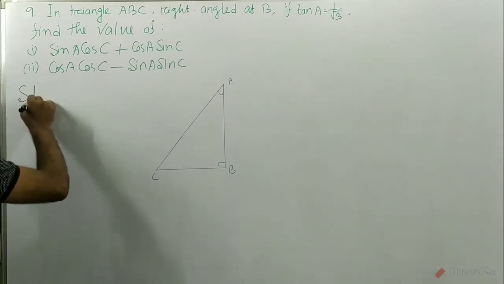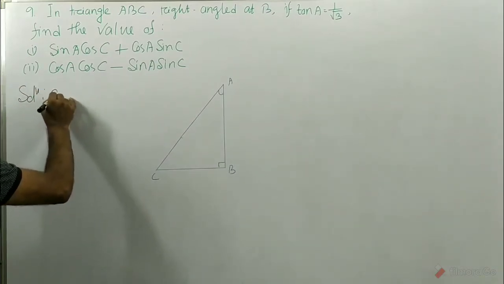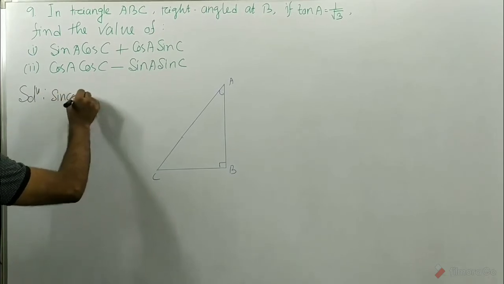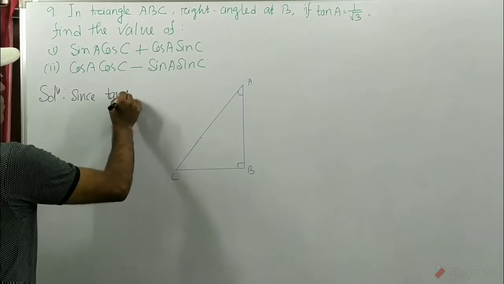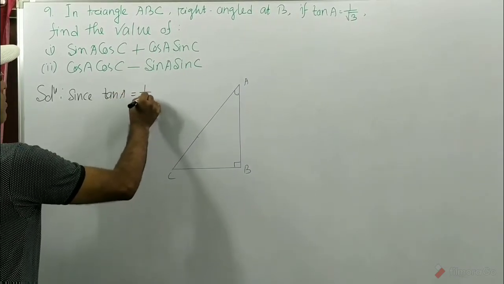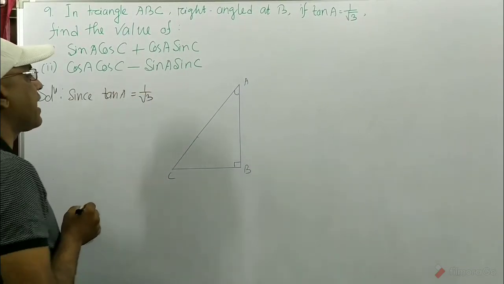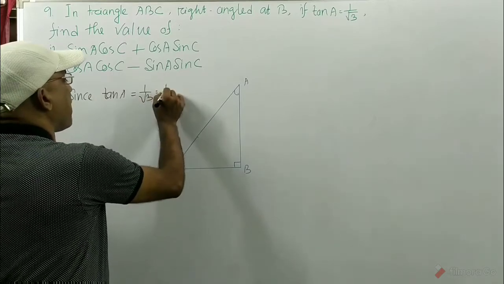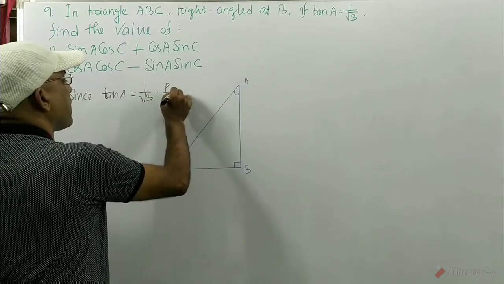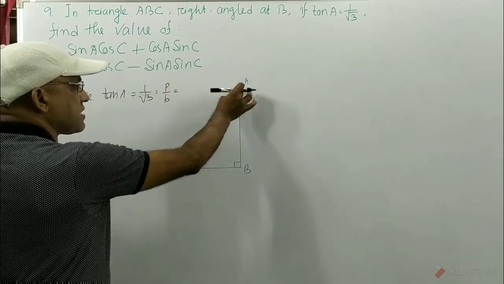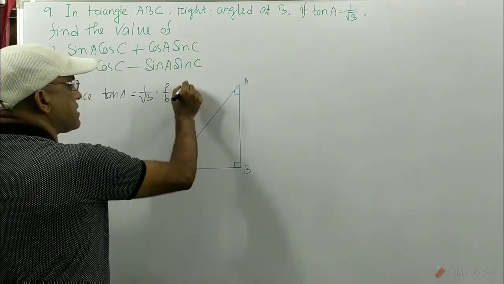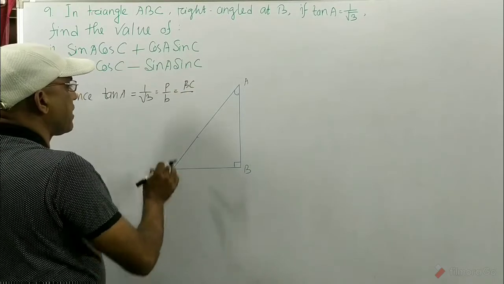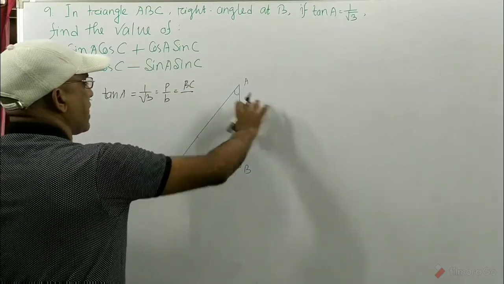Solution: since tan A equals 1 by root 3. Tan means P by B, and this is our angle A, so P is BC and the base is AB.